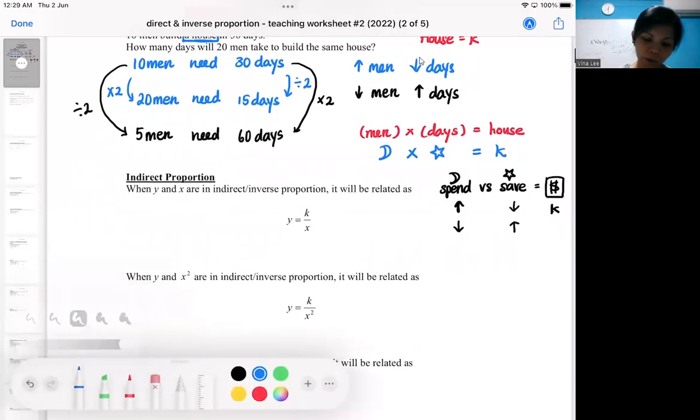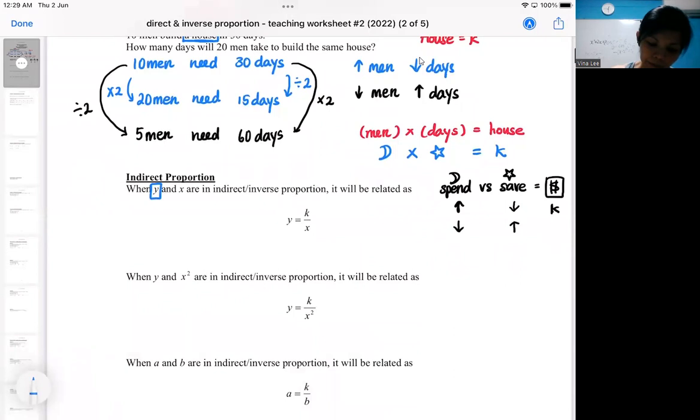If these are the two variables, you can see it as a multiplication. And if you see it as a multiplication, you also have a choice.